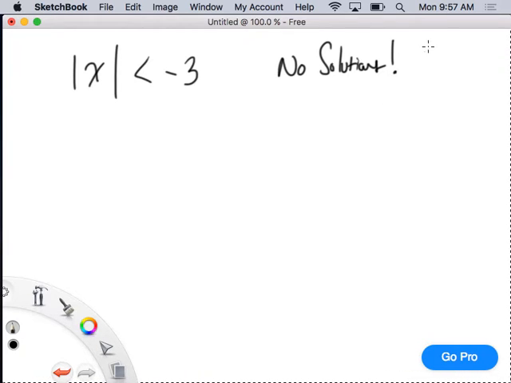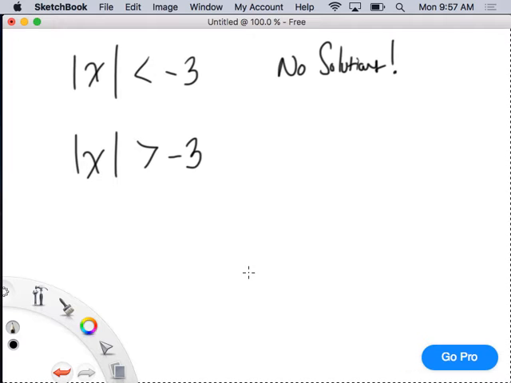Got it? Okay. What about absolute value of x is greater than a negative number? What was that? There are solutions, but what are the solutions? Bam. There's nothing I can plug in there that would end up being less than -3 or even equal to -3.